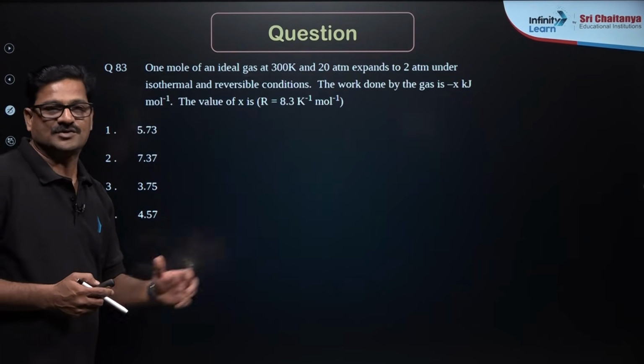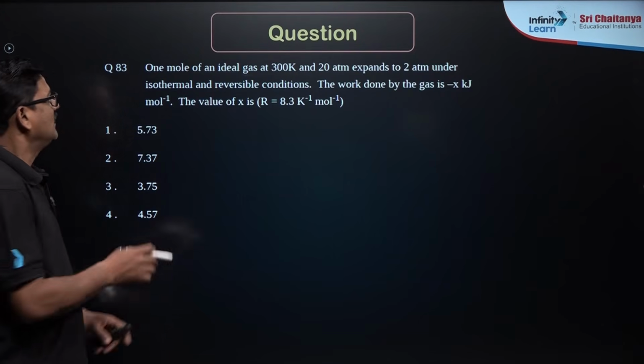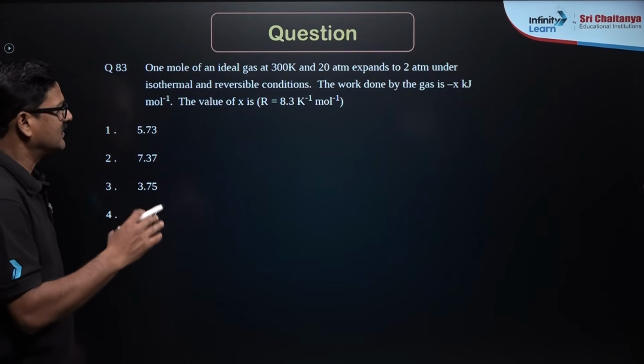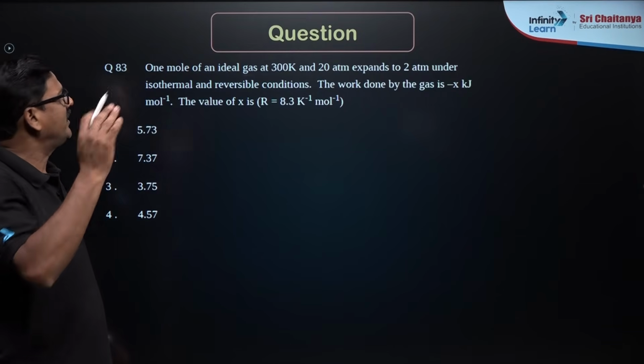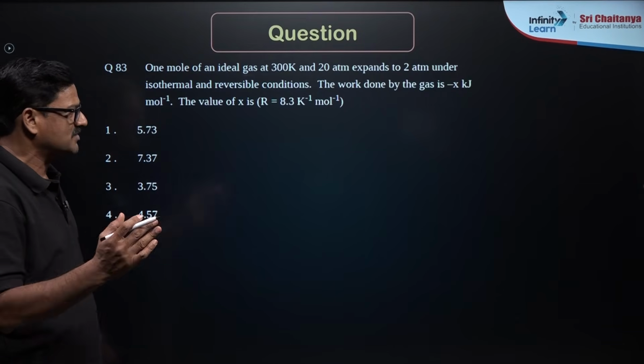Students, here it is a question from thermodynamics. 1 mole of an ideal gas at 300 Kelvin and 20 atm expands to 2 atm under isothermal reversible conditions.